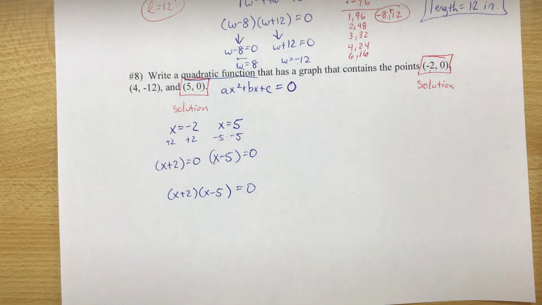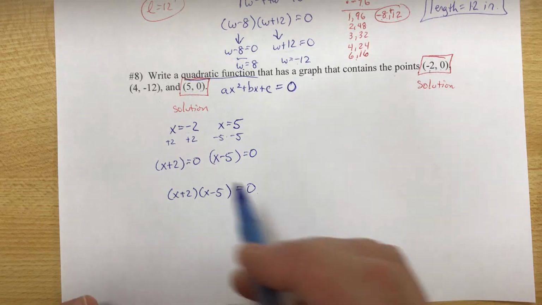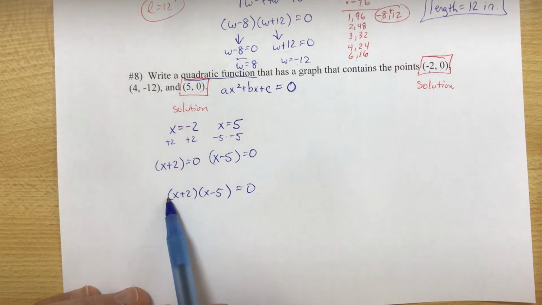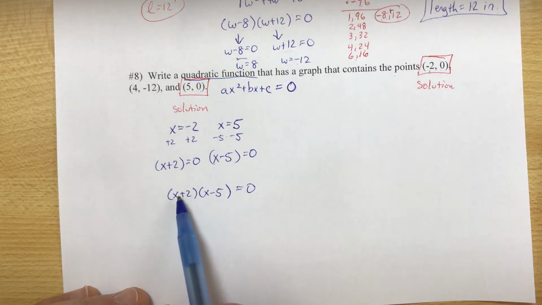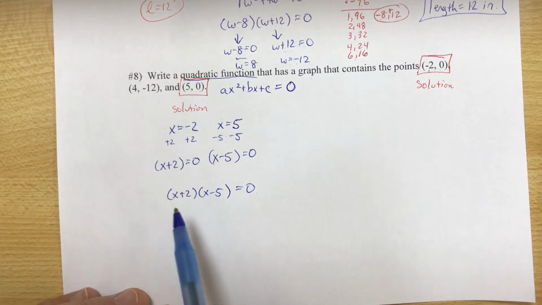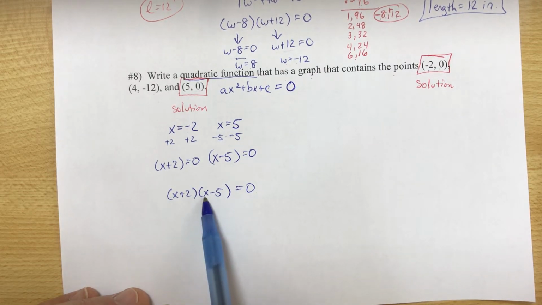Now, there's one more piece to this, though, that we want to figure out. There's some coefficient. There's probably a number in front of the x. If I double distribute here, then I'm going to get my quadratic, but the problem is I'll only get a 1x squared.